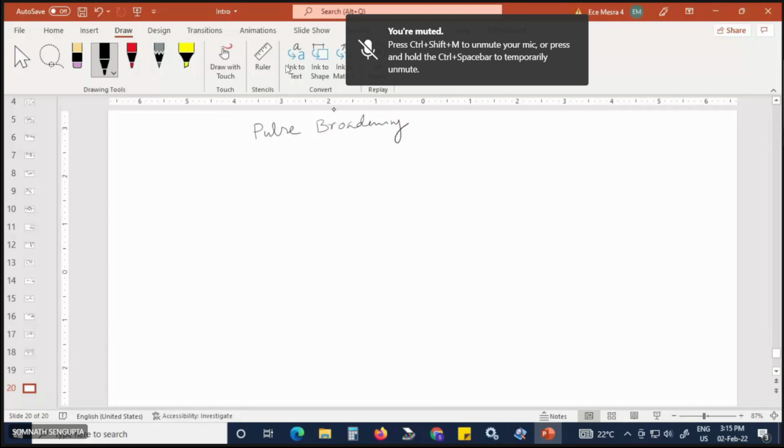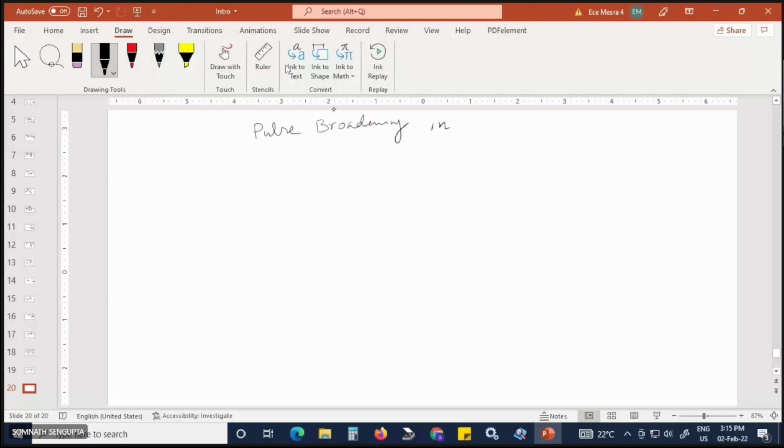Pulse broadening in case of digital signal transmission. So this is the main drawback in whole optical fiber communication, and this is actually due to dispersion.